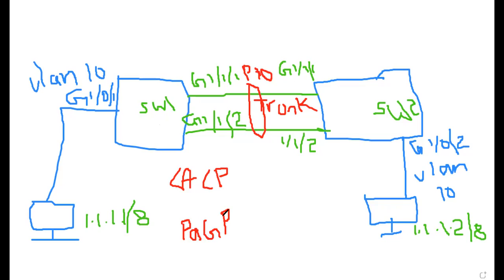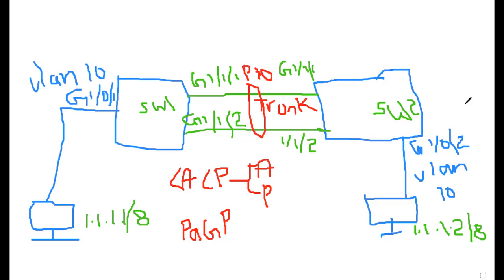Then within LACP and PAGP, there are modes. Either you can configure statically without any specific protocol, or if you put the protocol LACP, there is another mode within LACP called active and passive.